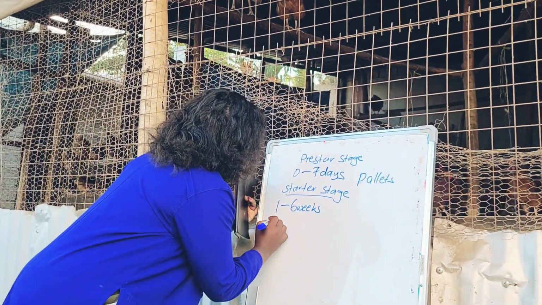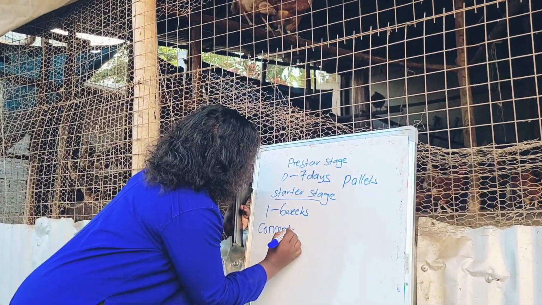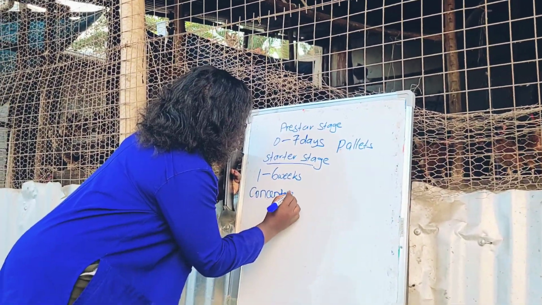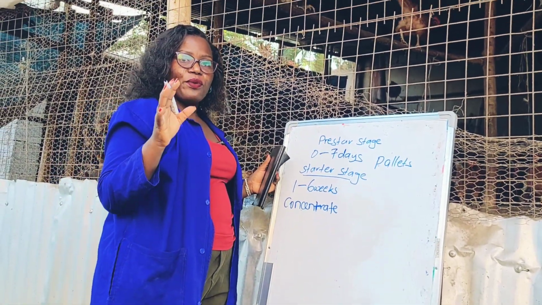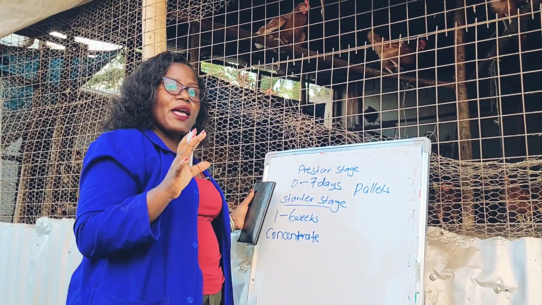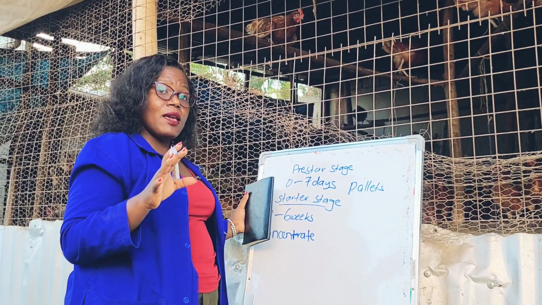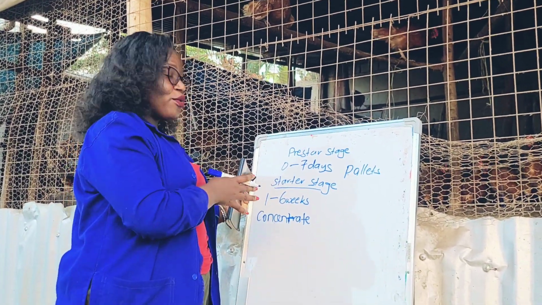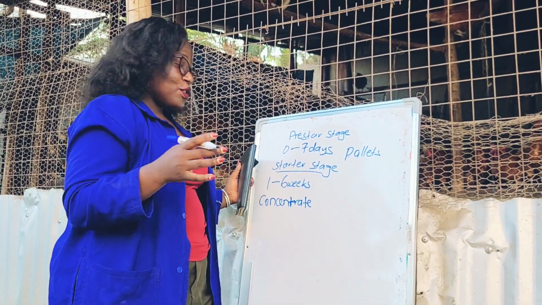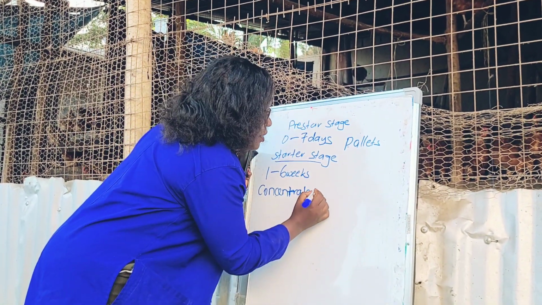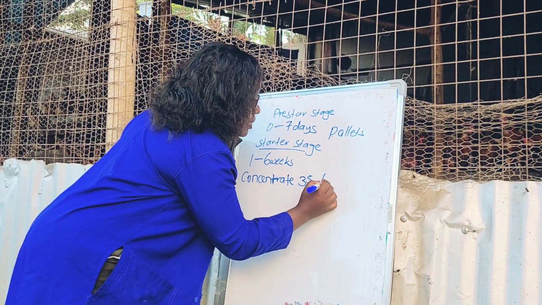So here the concentrate, so this concentrate is supposed to be for broiler. When you're buying this concentrate, you have to be keen and make sure that on that concentrate it is labeled broiler. And it is always broiler, then it is 35/30%.